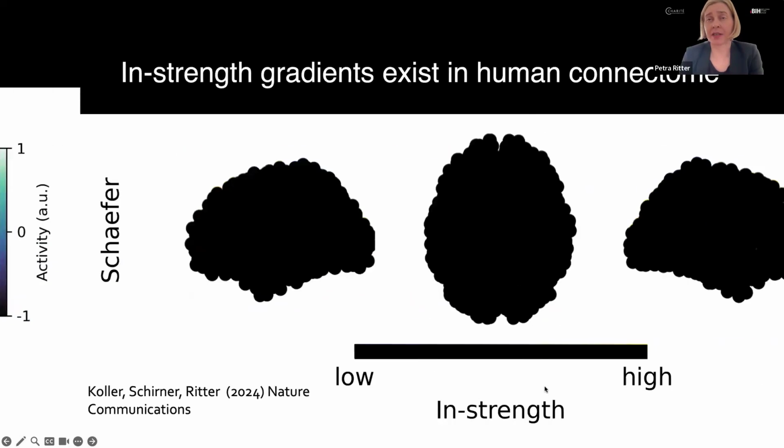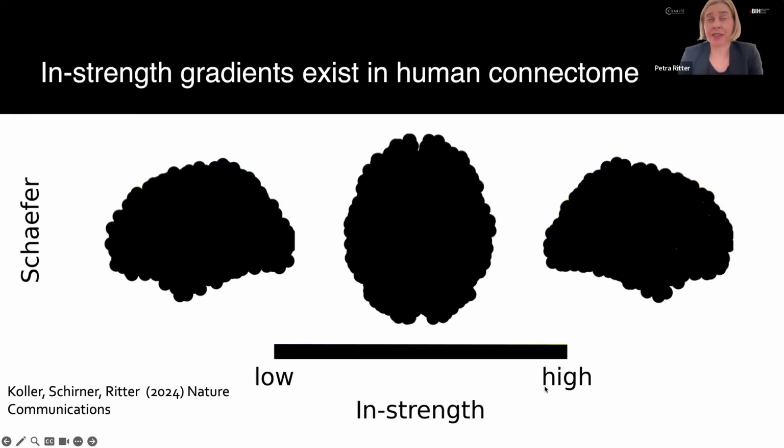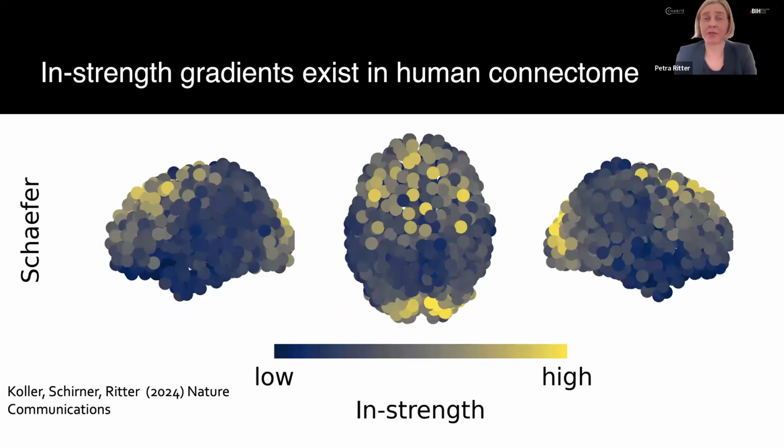in brains. So now the question is, do we have such in-strength gradients at all in our structural connectome? And this was the subject of the next analysis by Dominik and the team. Also here, we used the data from the Human Connectome Project that we obtained from the US. And we systematically partitioned the connectome with different parcellations. Here you see the Schaefer parcellation, a relatively fine parcellation of the brain.